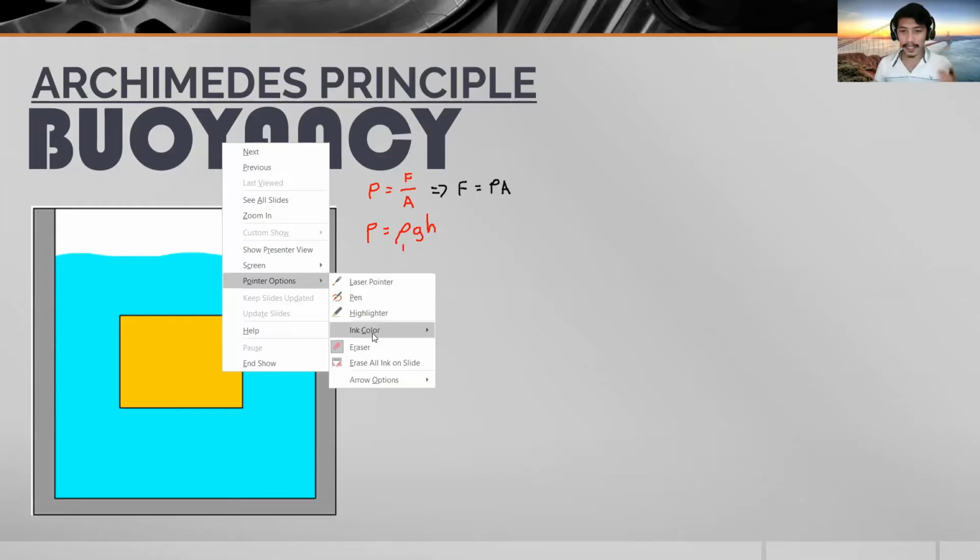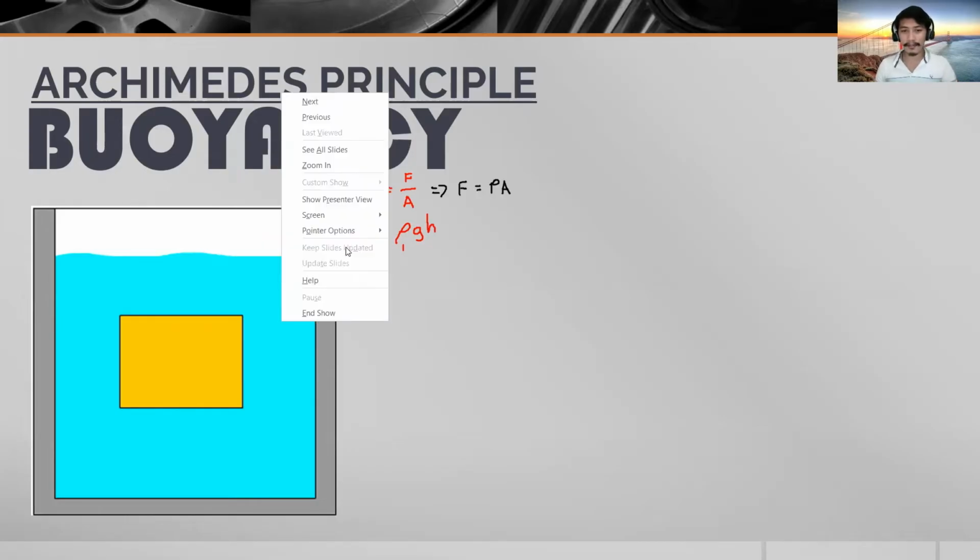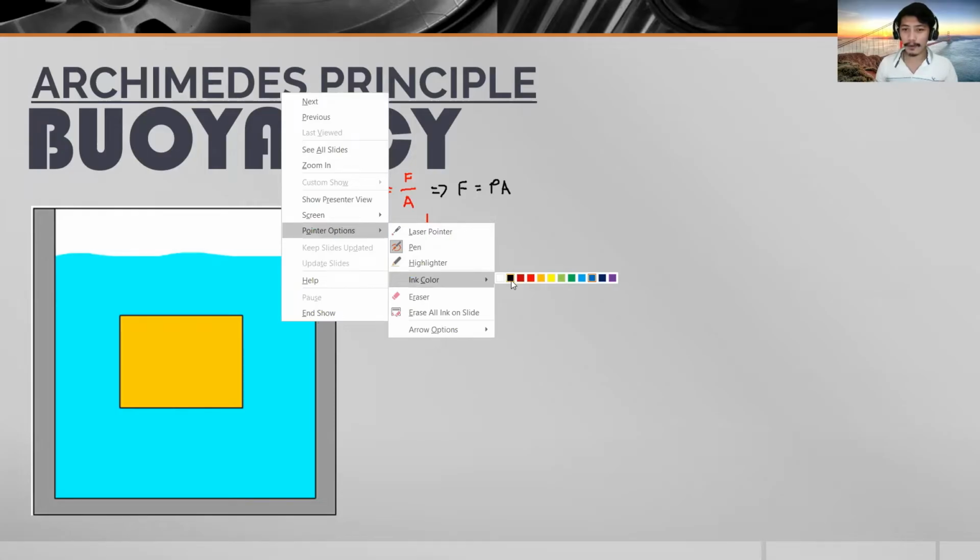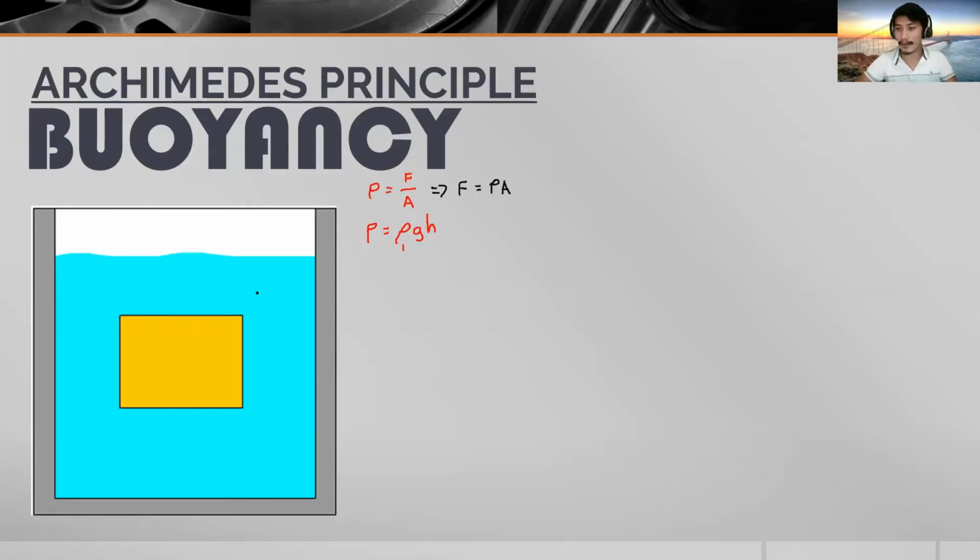Okay, so let us consider an object that is completely immersed in a fluid or in a particular liquid. Kapag sinabi kong fluid, this time I am talking about a liquid ha, hindi na gas. So let us consider this object, yung yellow, that's the object completely immersed in a particular liquid.